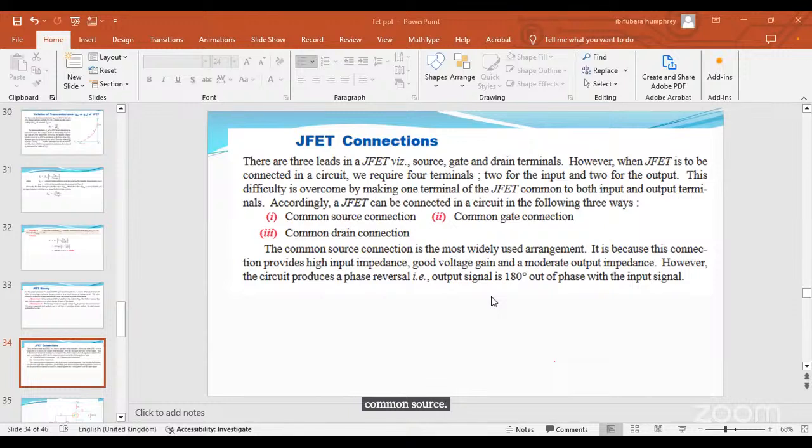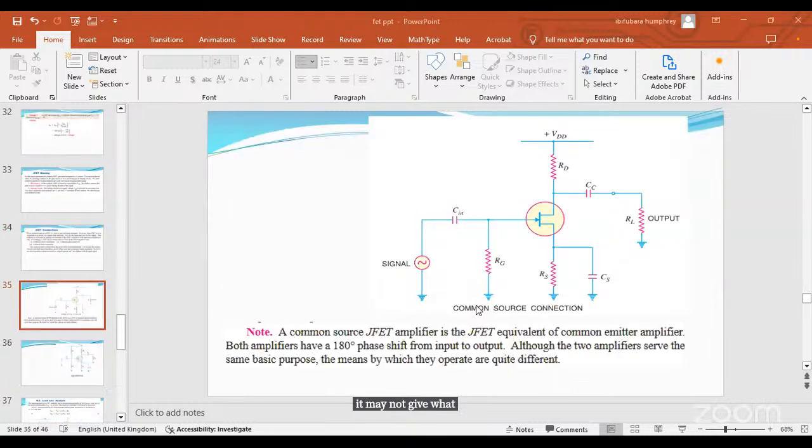The common drain and common gate, of course, you hardly find useful because the current will have to flow from source to drain. So if I make gate common or drain common, it may not give what is expected.